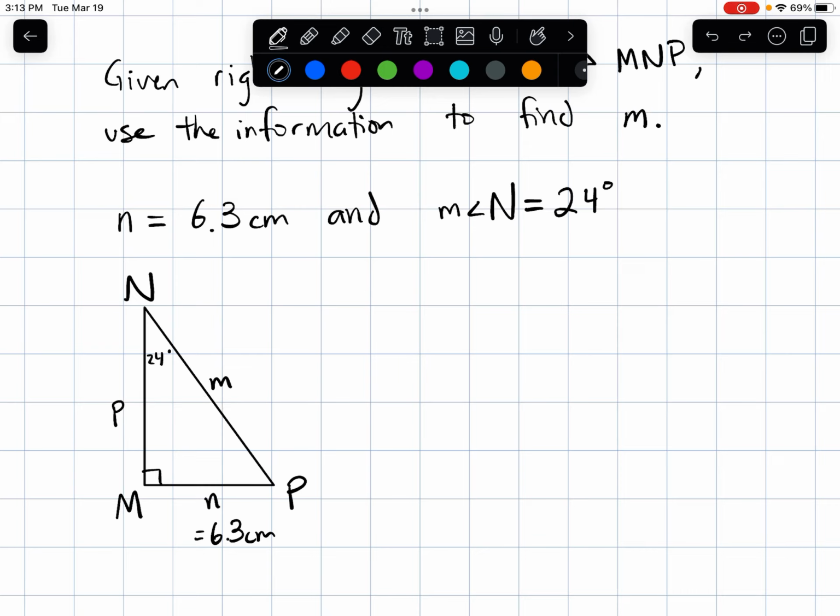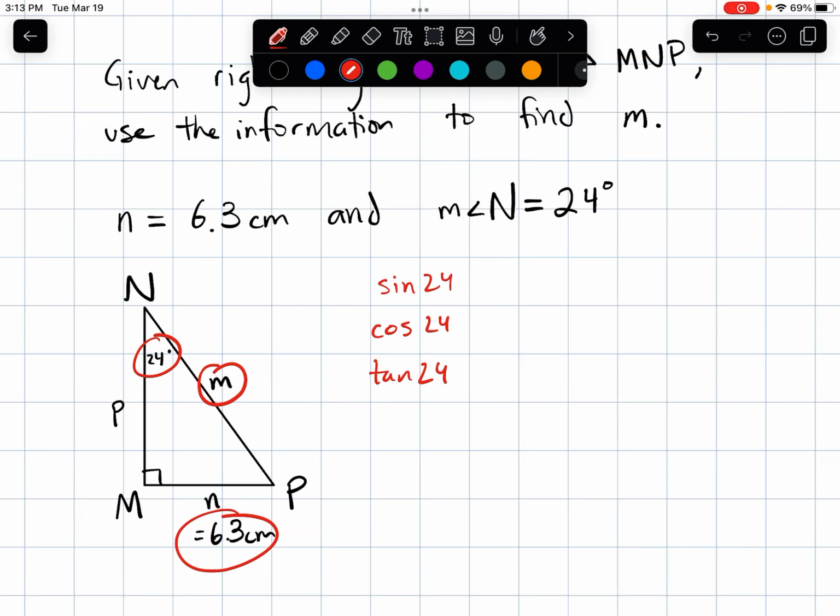We know that angle N is 24 degrees, and I'm trying to find side M right there, okay? So we know this side is 6.3, and we know this angle is 24. These are the three pieces of information that I have to work with. So again, I'm thinking to myself, am I going to have to do the sine of 24, the cosine of 24, or the tangent of 24?